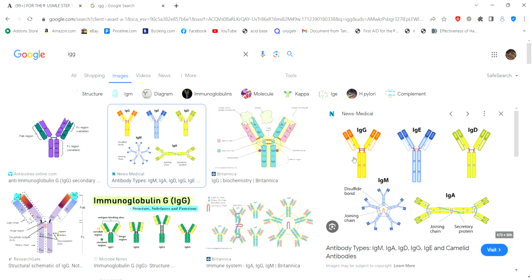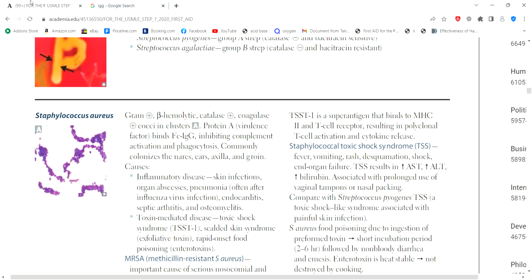This is the Fc portion right here, and this is where protein A will bind. Protein A will bind to the Fc portion of IgG so that the IgG cannot bind to Staph aureus, and so this will prevent phagocytosis. So this is how Staph aureus gets into your body and thrives in your body. So remember that. Protein A is the virulence factor, binds Fc of IgG, inhibiting complement activation and phagocytosis.